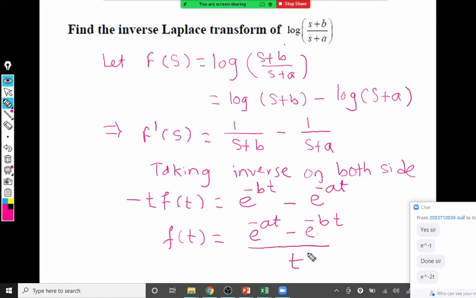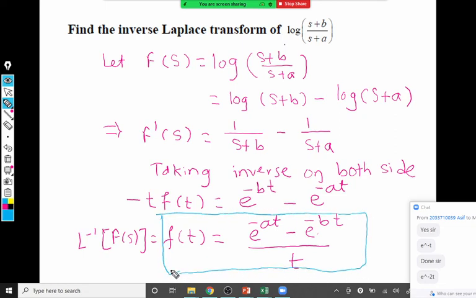That's the L inverse of f of s, and this is our answer. That is the end of the question also. So this is the way we find the inverse Laplace of logarithm, tan inverse and cot inverse functions, calculated with the help of the derivative property.